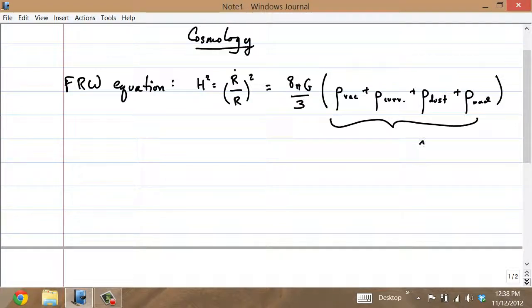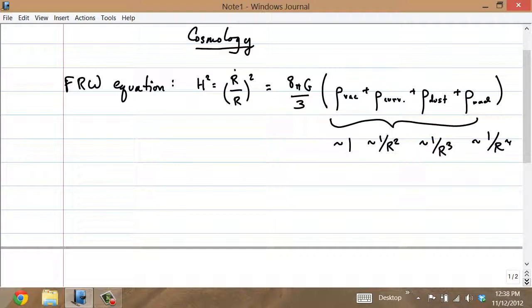So whereas rho dust went like 1 over r cubed, rho vacuum was independent of r, rho radiation falls off like 1 over r to the fourth, because not only does radiation get diluted as the universe expands, it also redshifts in frequency, and so it loses energy.